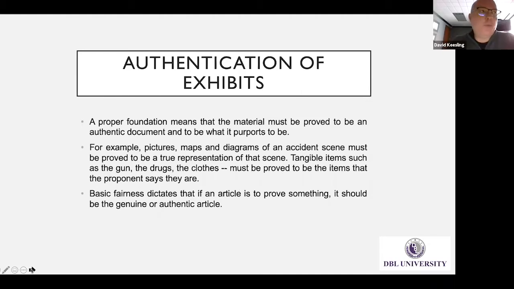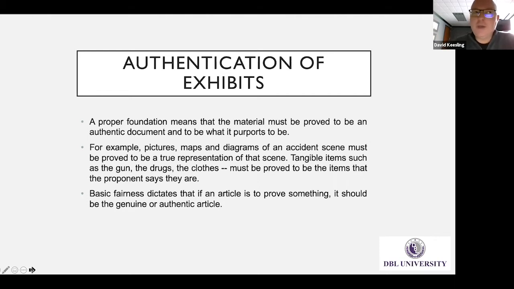So that next step, once we've started laying that foundation, the purpose of laying the foundation is to make certain that the court understands the document is what it purports to be. That's the authentication stage. A proper foundation means that the material must be proved to be an authentic document and to be what it purports to be. It's just very much that simple. This is all about basic fairness.